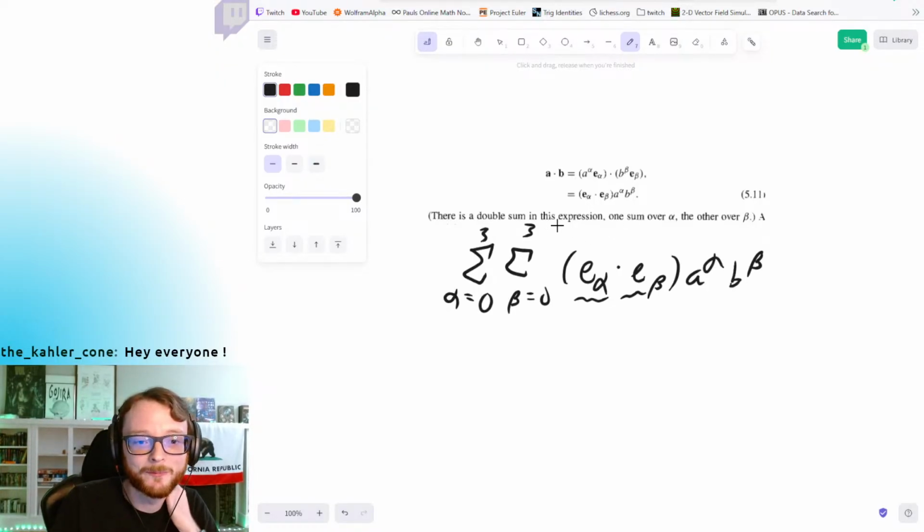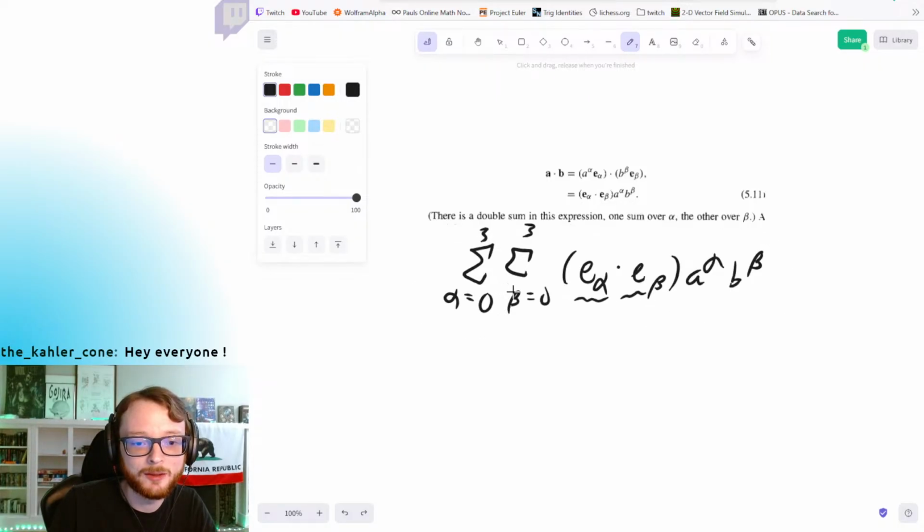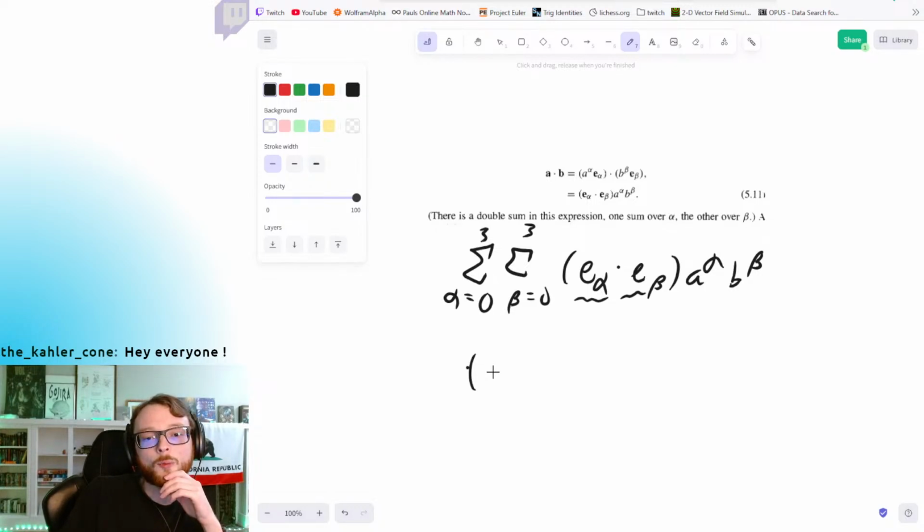So when they said the double sum, I interpreted this where you take beta equals 0, and then you do every single alpha 0 to 3 with that beta equals 0. But I think what they mean is you're incrementing them at the same time, where you only get the pairs. It's like 0, 0. Or maybe it doesn't matter.